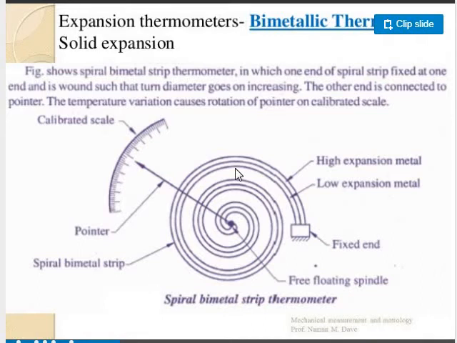So when the temperature increases, this entire spiral tube or spiral construction will vary in its dimension.